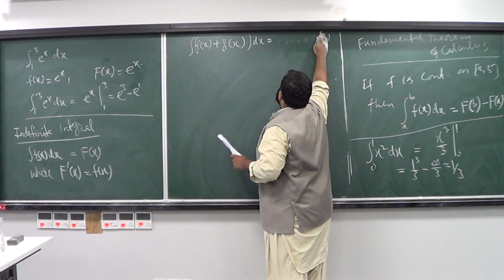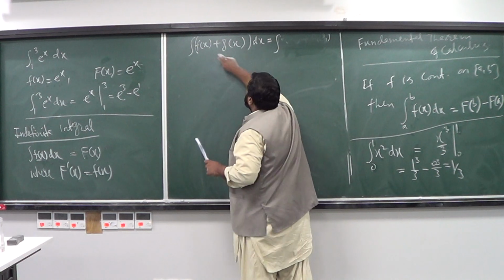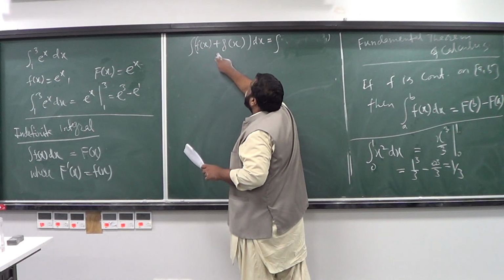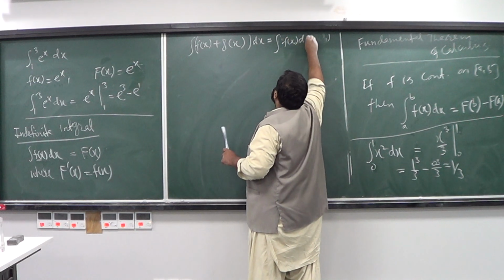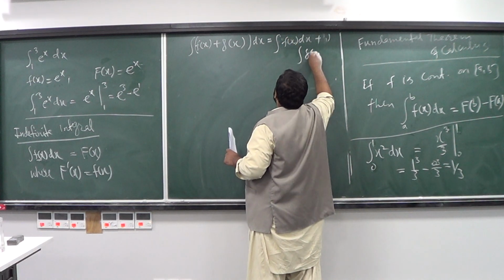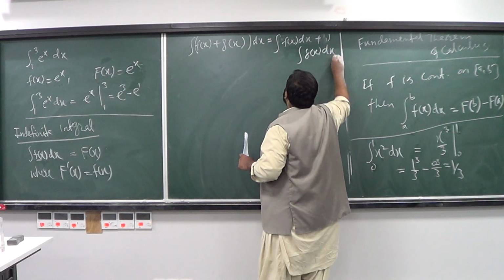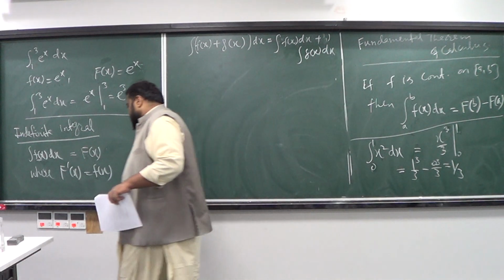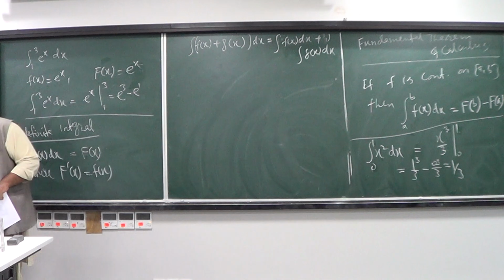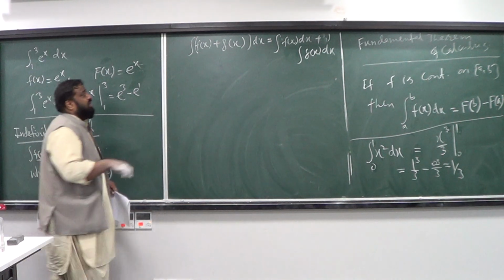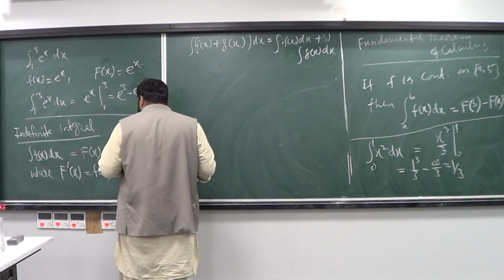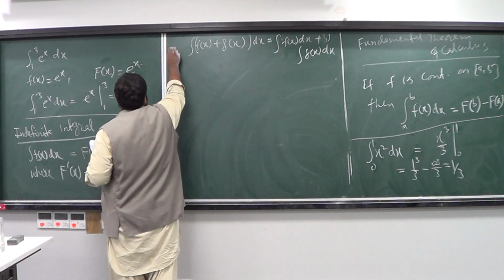In other words, to find the antiderivative of f of x plus g of x, find the antiderivative of f of x plus the antiderivative of g of x. These are the basic properties, the sum property.